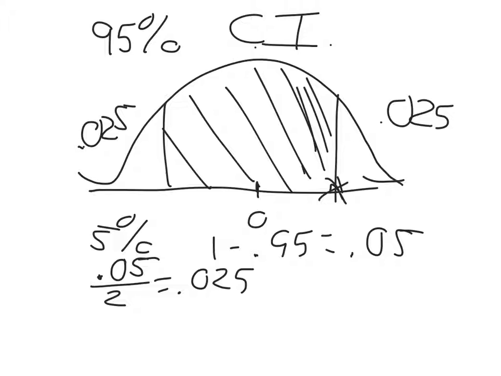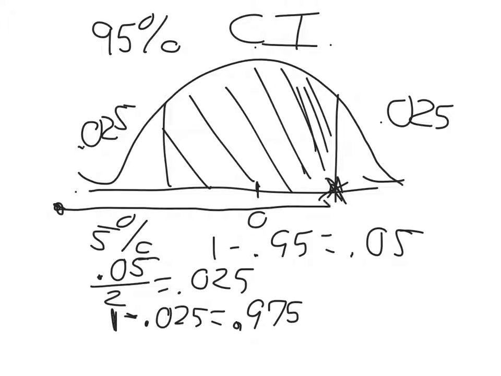So that being said, I'm going to take 1 minus 0.025, and that's going to give me 0.975. And that's how much probability there is from here all the way up there. So I'm going to use my normal curve in reverse and look in the middle for 0.975.